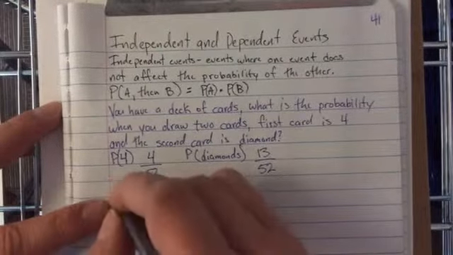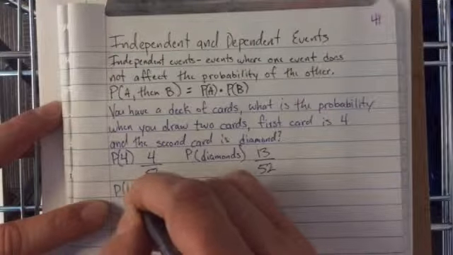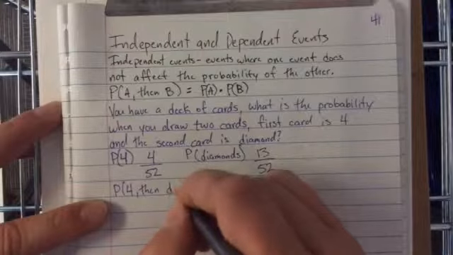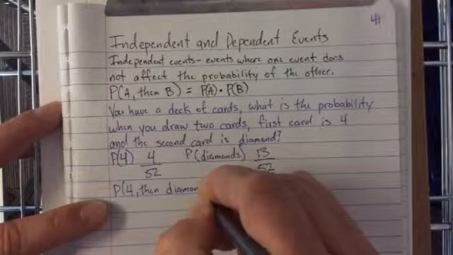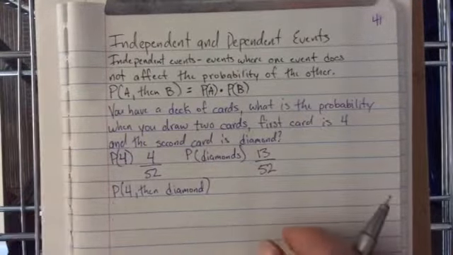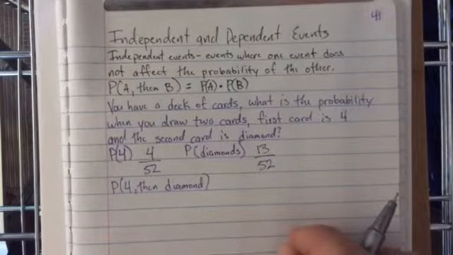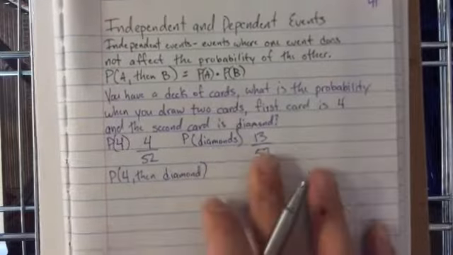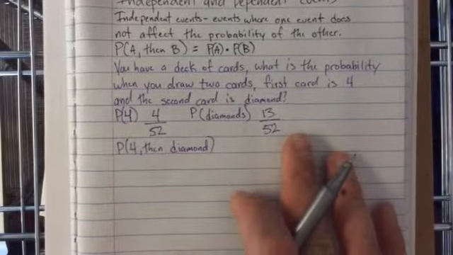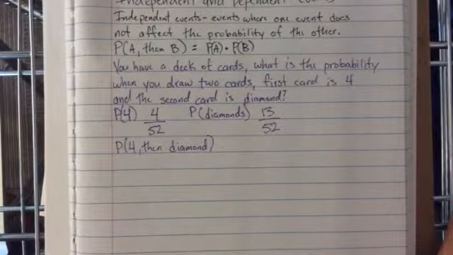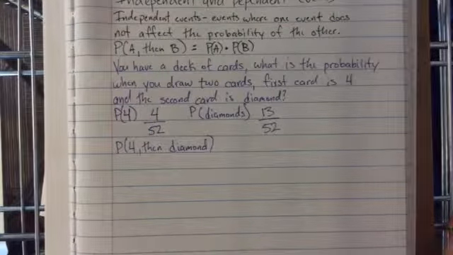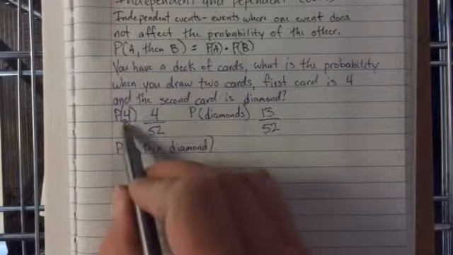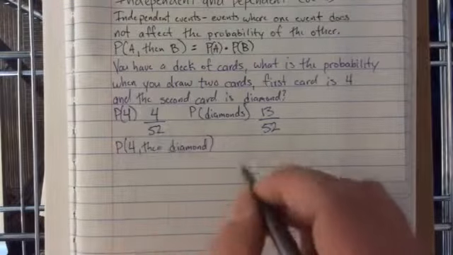So we're looking for the probability of A, 4, then the probability of B, diamond. And we solve this by doing what? Multiplying our 2 probabilities. So the probability of 4 was 4 over 52.